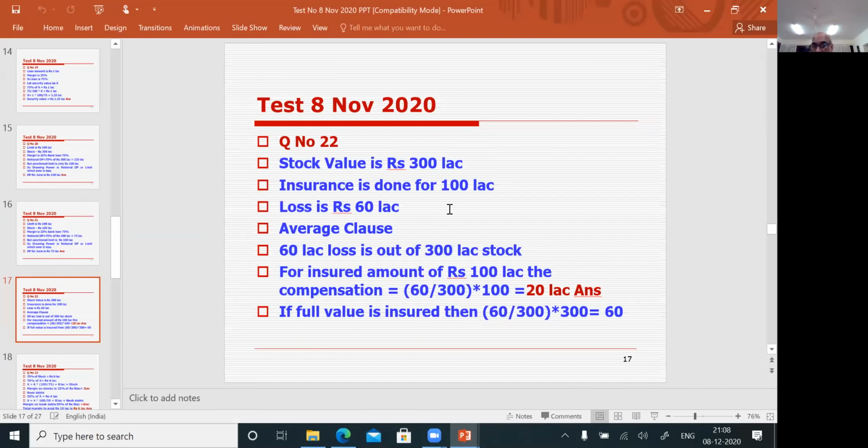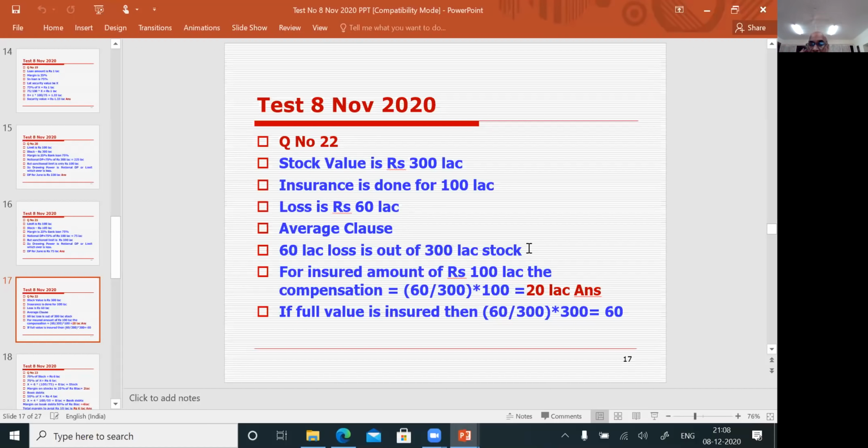See, so this is called average clause. What is the stock value, sir? 300 lakhs. What is the insurance, sir? 100 lakhs. Insurance is done for 100 lakhs. What is the loss? 60 lakhs. What is the average clause? The loss is 60 lakhs out of 300 lakhs, so the insurance company will calculate like that. The insurance company will not say the loss is against how much you are insured.